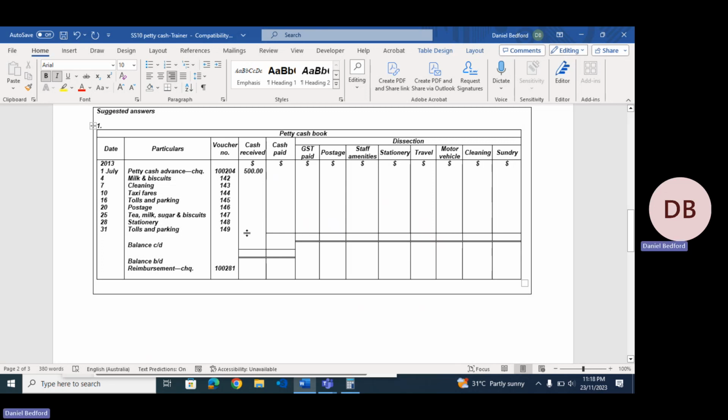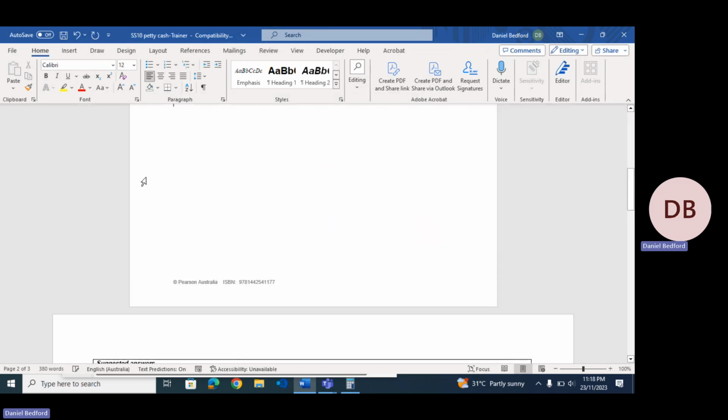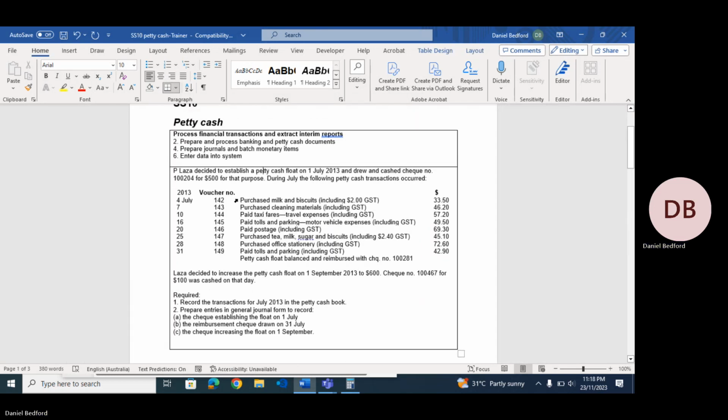Okay, there's our starting point. Next transaction, 4th of July. It's talking about milk and biscuits, so let's see what the number is. Okay, purchased milk and biscuits, including $2 GST.